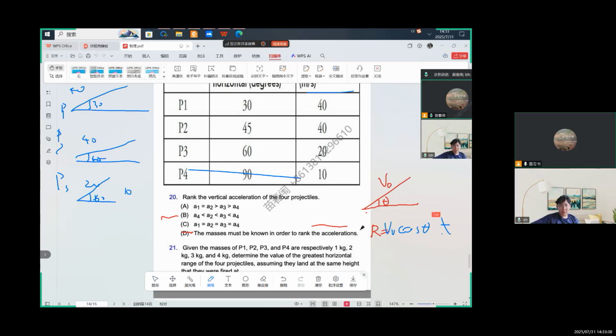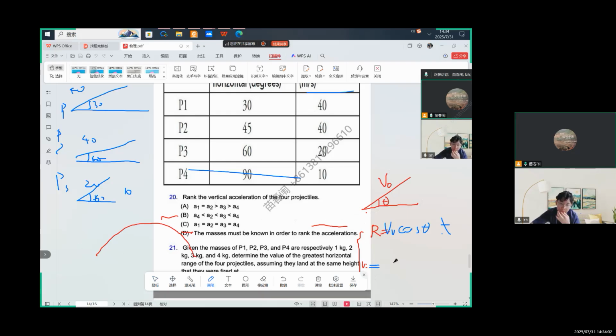And how to find t? We can get t because vertically you can also have an equation.